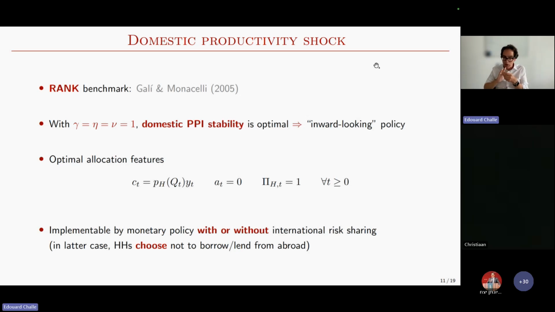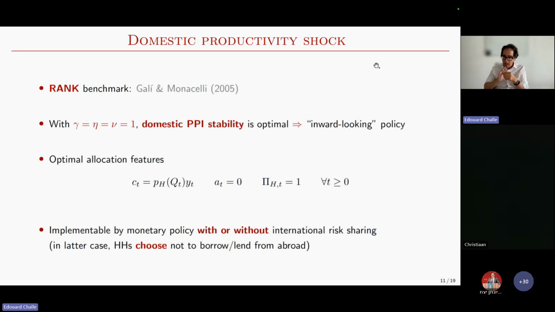Okay, so this is what Gali and Monacelli have shown. They have shown it in the context of a model with full international risk sharing, but the same is true under imperfect international risk sharing, provided that there is a representative agent in the domestic economy.